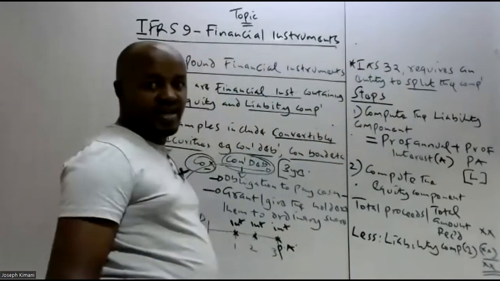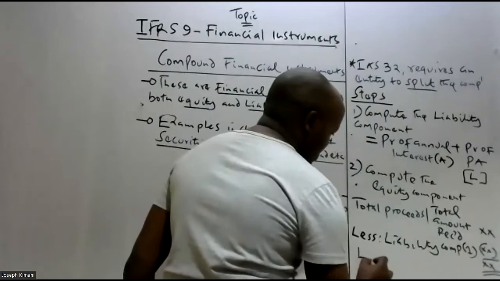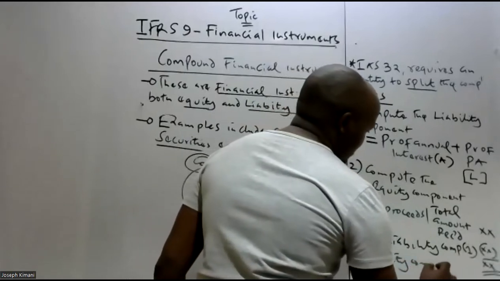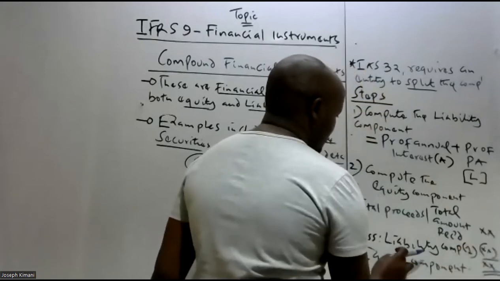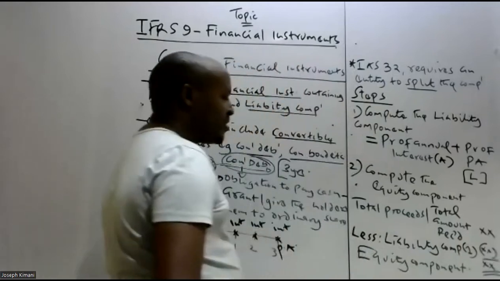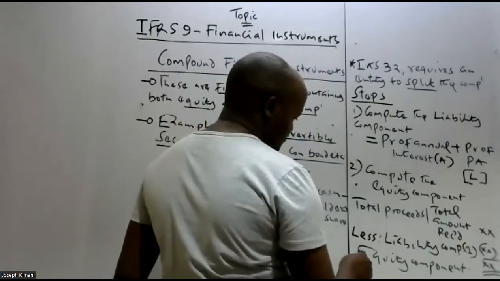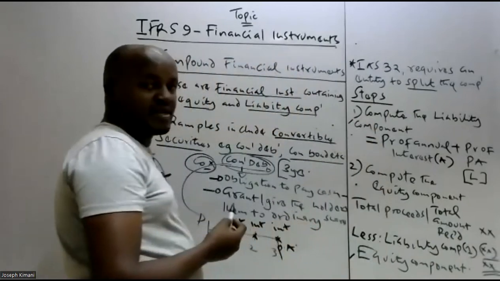So whatever you get there is the difference. Whatever you get there is now the equity component. Equity what? A component. So therefore, that's how we split or how we determine the equity component and the liability component.